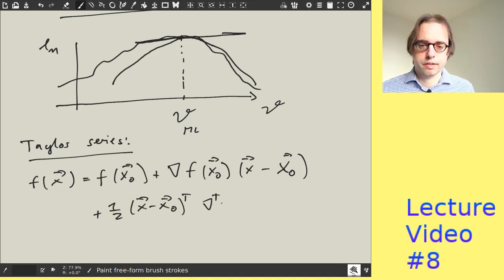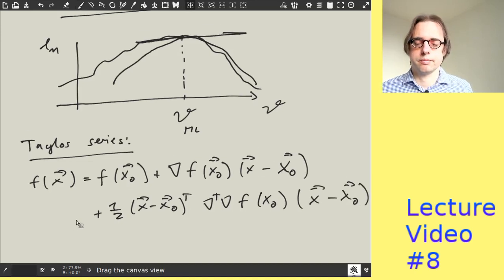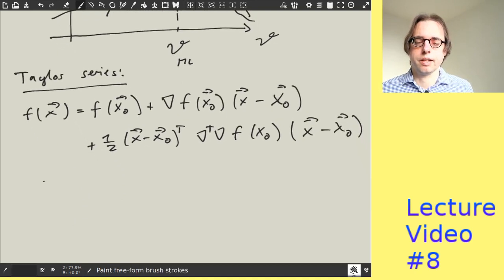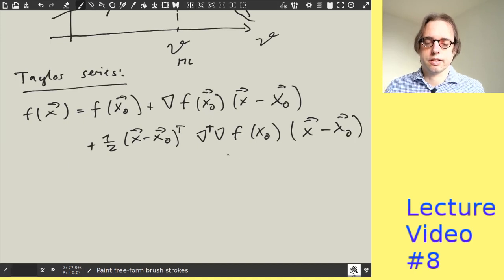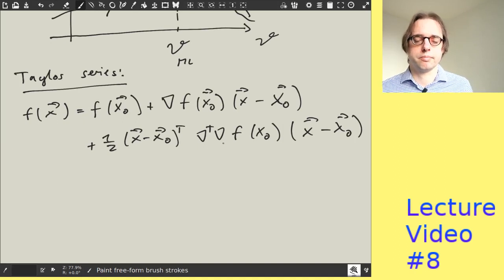So we have a term with the gradient, a term with the Hessian. And the key thing is that we evaluate the function only at x naught. So f is evaluated only at x naught, and we compute the gradient of f there and the Hessian.